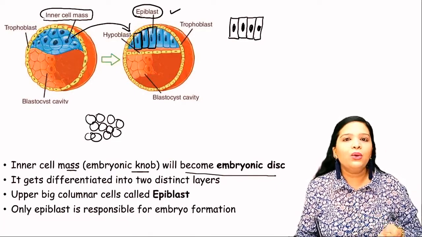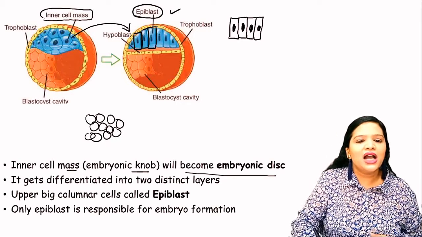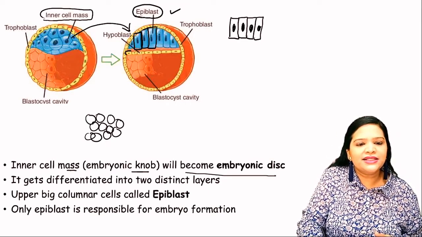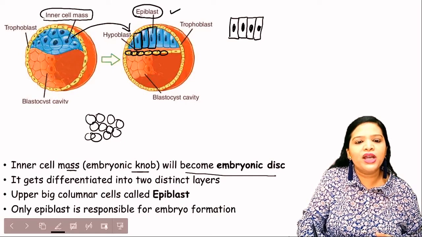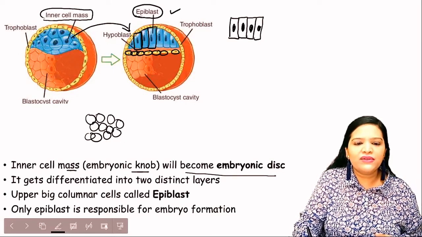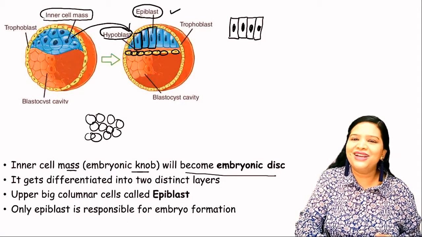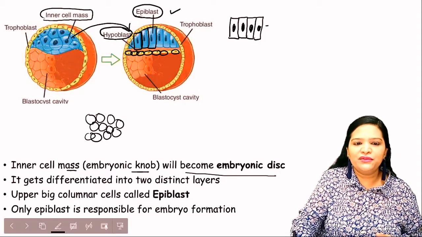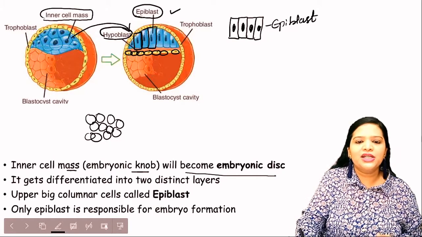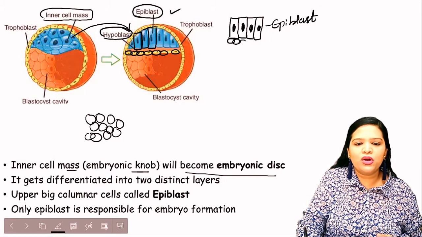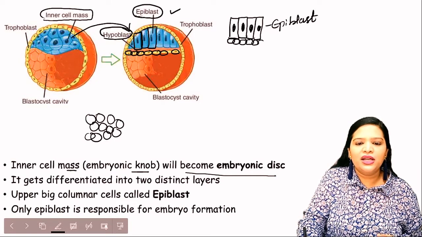Now the second layer is a single layer of square shaped small cells. This layer of cells is called hypoblast. So for example, if this is the epiblast, here small square shaped cells are differentiated.